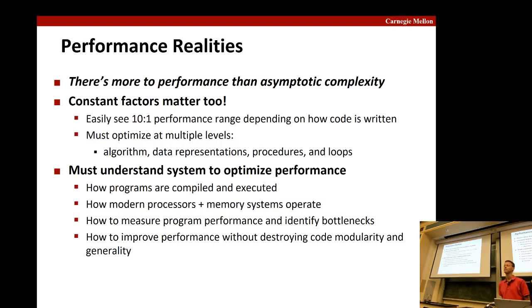Part of that is understanding what the optimizer in the compiler can do, will do for you automatically, and what you would hope it might do, but it doesn't for whatever reasons. And again, you can adjust your code slightly to help it out, ways you can help the compiler along. And we want to do all these improvements in performance without destroying other nice properties of your programs, like their modularity and their generality.